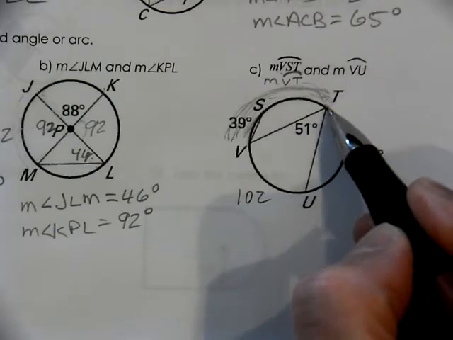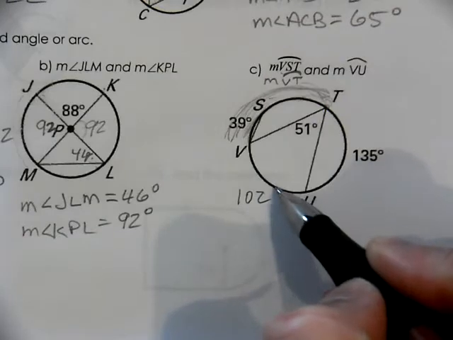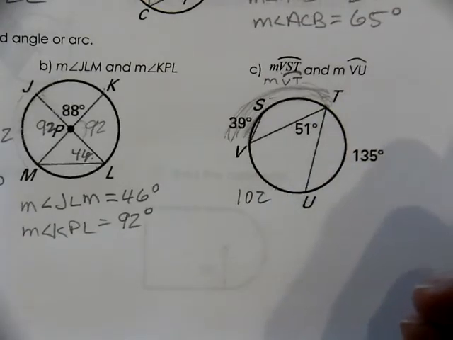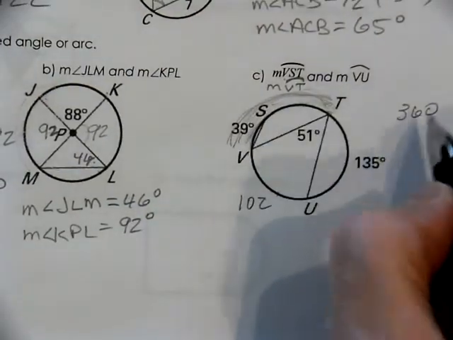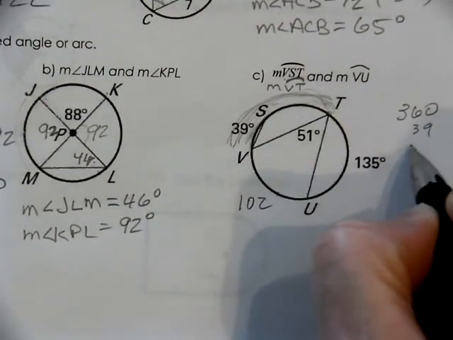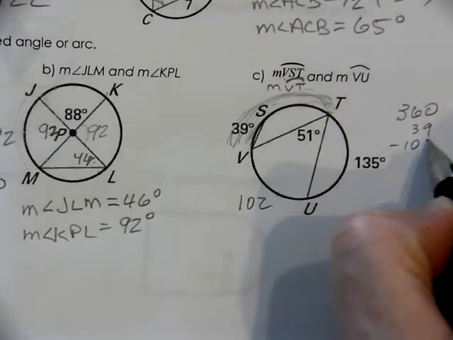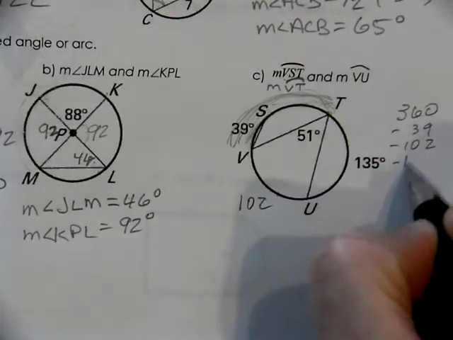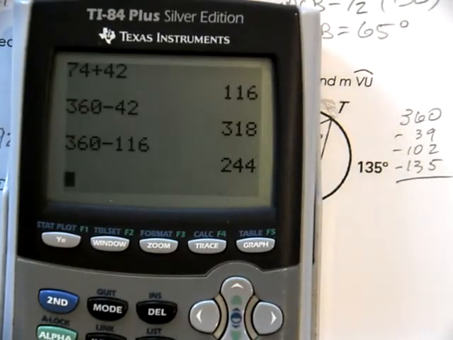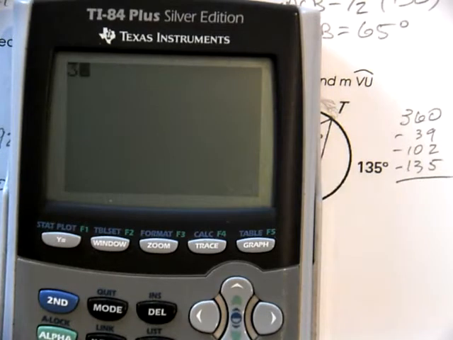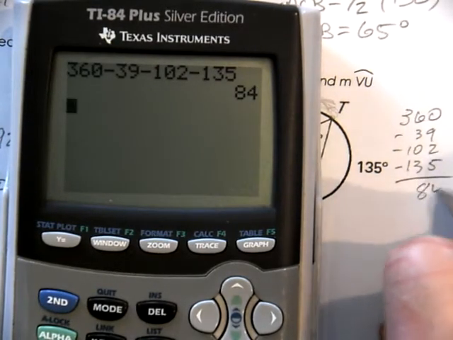If the vertex is on the side, it's going to be half the arc that it makes. Then we have 360 is the whole circle, minus the 39, minus the 102, minus the 135, that gives us 84 for that one.